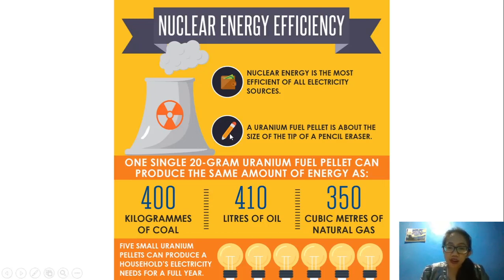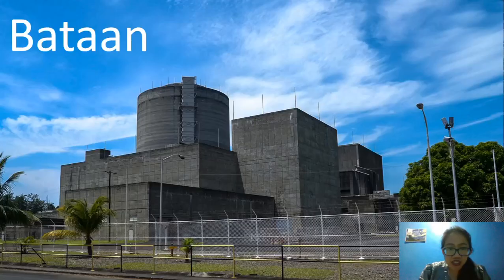A single uranium pellet, at the size of the tip of a pencil eraser, already produces electricity equal to 400 kilograms of coal, or 410 liters of oil, or 350 cubic meters of natural gas. Since we are splitting atoms, it produces a lot of energy. So in comparison to your fossil fuels, nuclear energy is way more efficient in producing electricity.